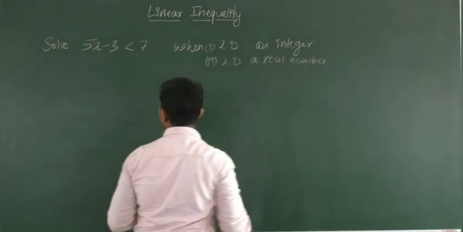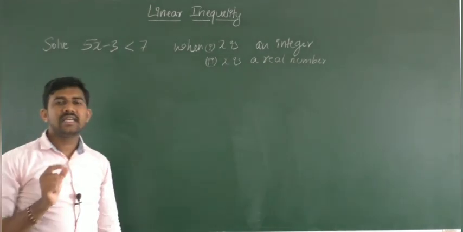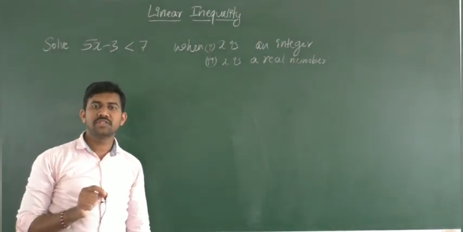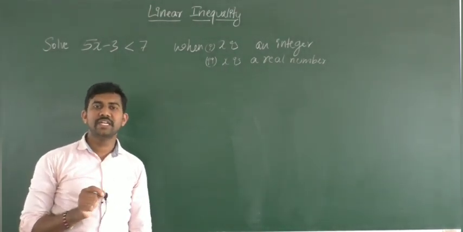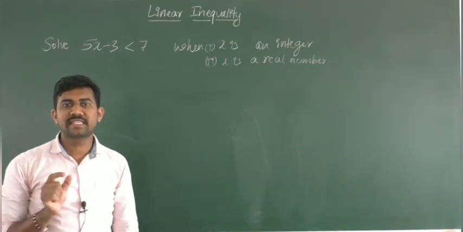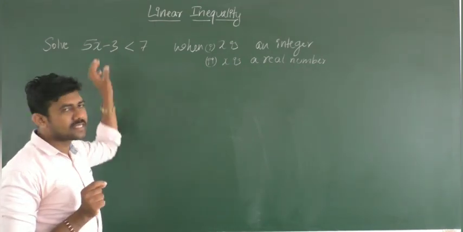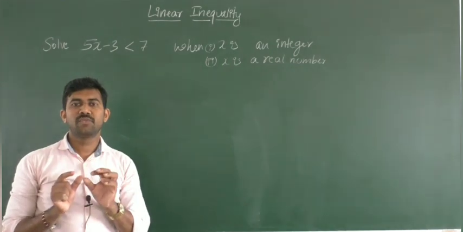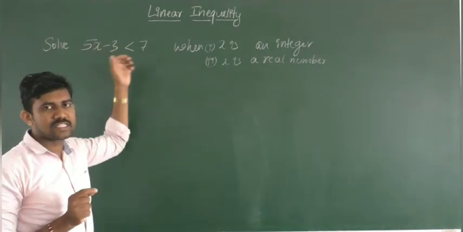See here, 5x minus 3 less than 7. We have to solve this inequality, which means we need to find the values of x which make the given statement true. So what are the values of x we'll get here?